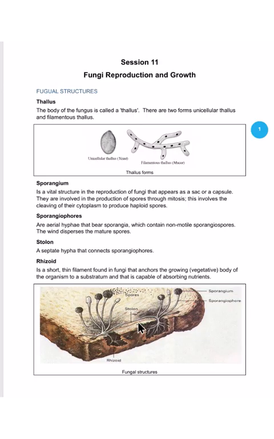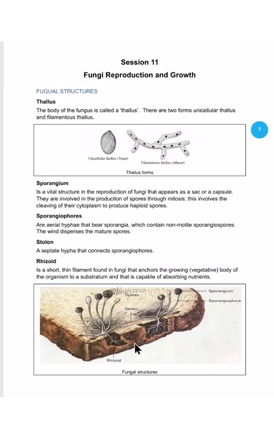Rhizoids, these are short, as you can see here. These are short, thin filaments found in fungi and they help in anchoring. Anchoring means fixing the aerial hyphae to the substratum. And the other function is they are capable of absorbing nutrients from the substratum. So the substratum here is the bread.